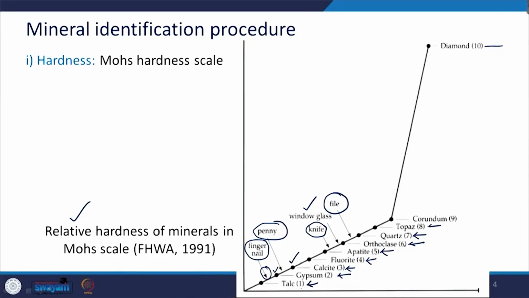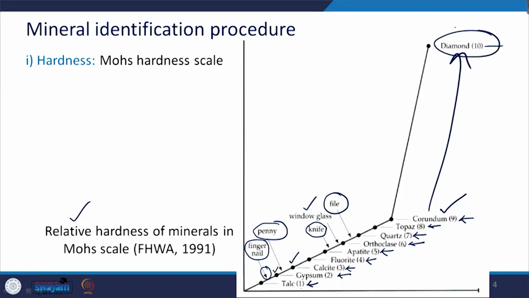This quartz is followed by topaz as far as hardness is concerned, and then comes corundum at number 9, and then you can see there is a steep rise in the hardness from this mineral to the diamond.